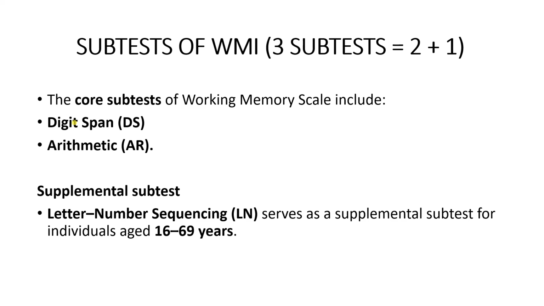If the participant is older than 69 years, then this test cannot be used as a supplemental subtest. Digit span is a very popular test and you all might be knowing this, but I have to repeat.